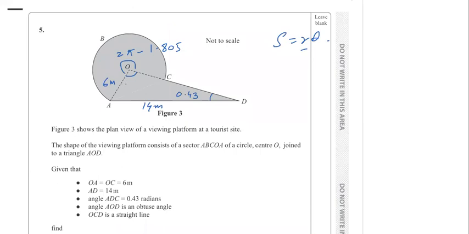This central angle is 2 pi minus 1.805, and this is a sector, so the area of the sector in radian measure is 1/2 r squared theta. For the triangle, we can use the triangle area formula, one half times the product of two sides times the sine of the angle between them, so we need to find this angle first.